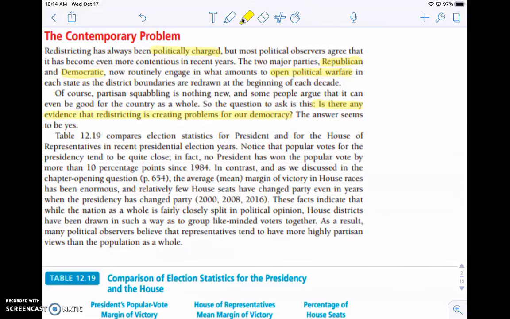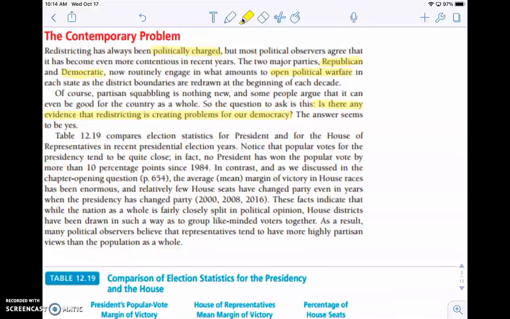According to this author, the answer is yes, and then they provide some evidence. So again, we're going just off of what the text provides for us. It tells a story, but it may not be the whole story. So again, just bear with me as we go through some of this.